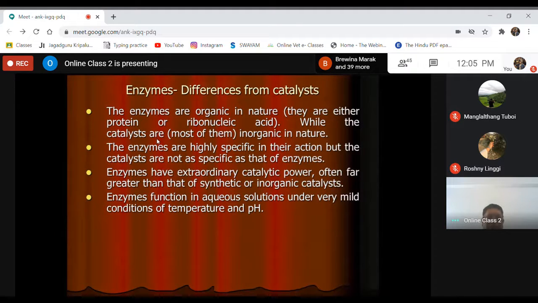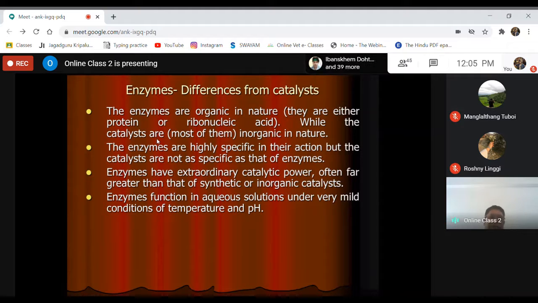While catalysts are inorganic in nature. So the first difference between enzymes and catalysts is that enzymes are organic in nature. It is mainly proteins, or some enzymes are ribonucleic acid, while catalysts are inorganic in nature, like say nickel, lead and all that. Most of them are inorganic in nature.